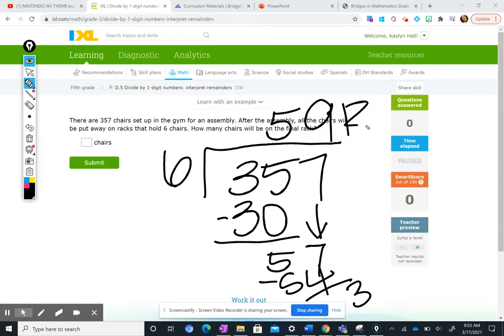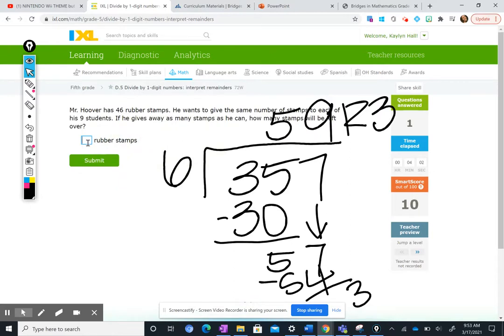So now I have remainder 3. It says how many chairs will be on the final rack. So the very last rack, they're going to have 59 that are full, and then we have 3 extra chairs. So it's going to have 3 on that very last rack.